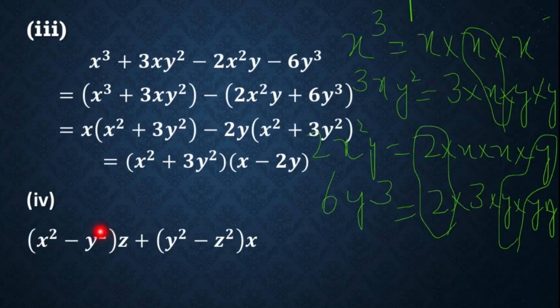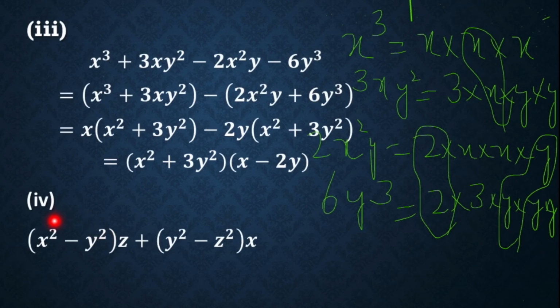When we multiply these two terms with z, we will get two terms. Similarly, when y square is multiplied by x and z square is multiplied by x, we will get two terms more, and collectively they will be 4 terms. So the question will be changed like this expression. Now we will see how we will solve it.